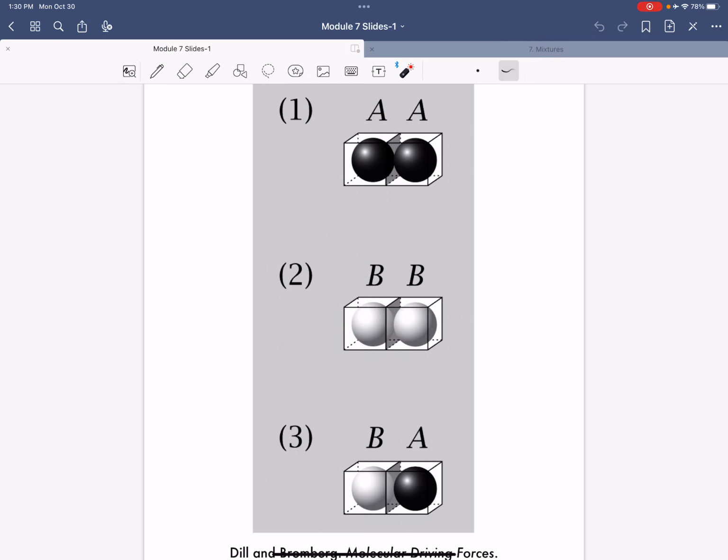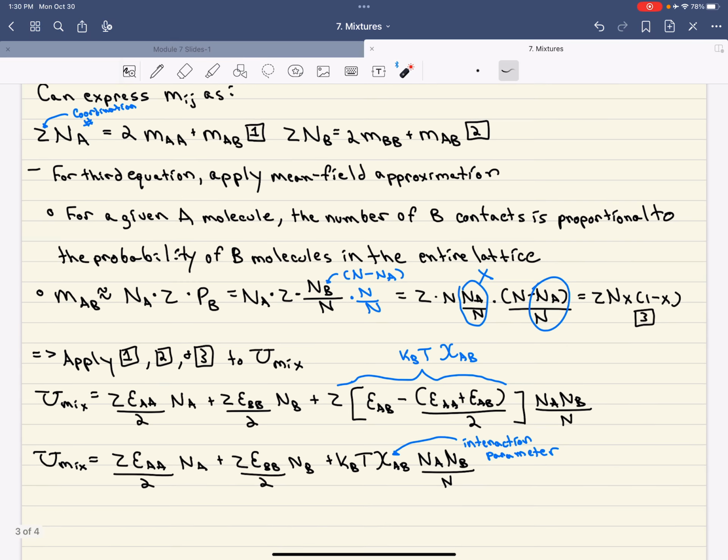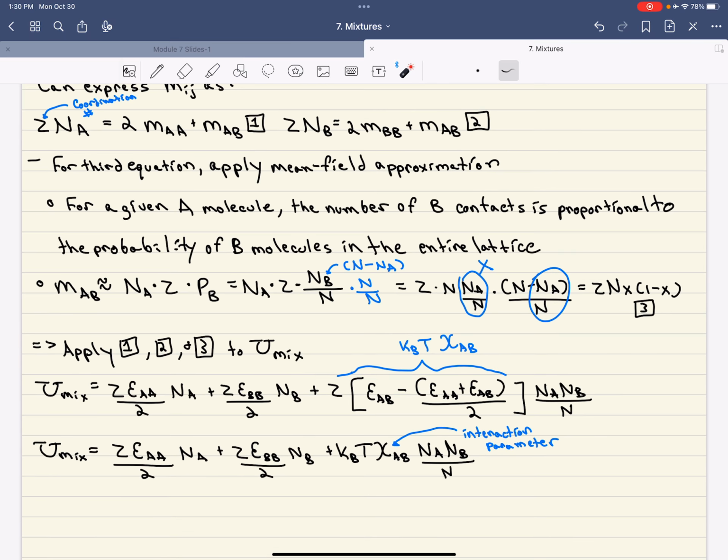And so the interaction parameter describes the difference in the internal energy for those two different scenarios. Mathematically, if we remember, that situation is described by this, right? So essentially we're comparing the energy associated with the AB bond, and we're subtracting off the energies associated with the AA and the BB bond.